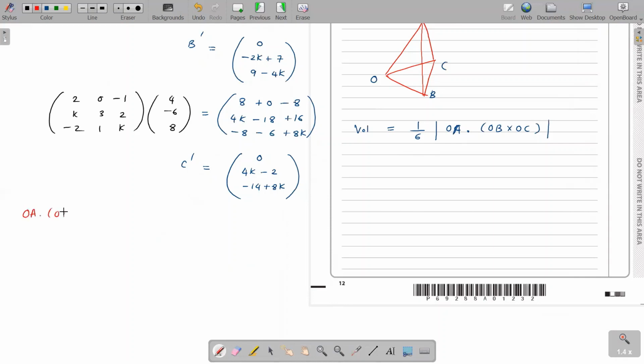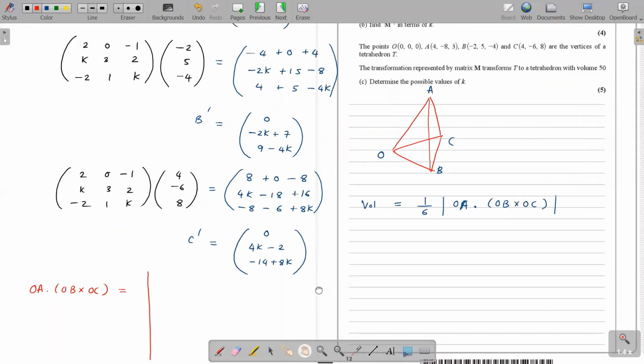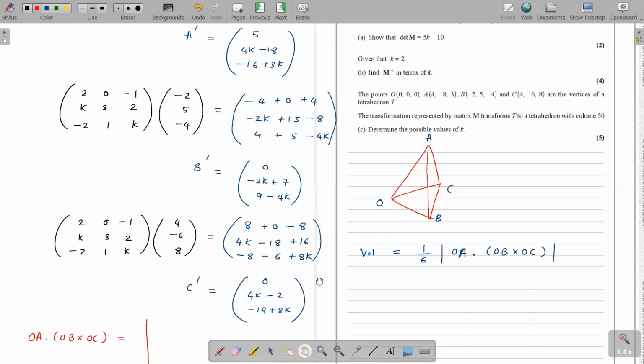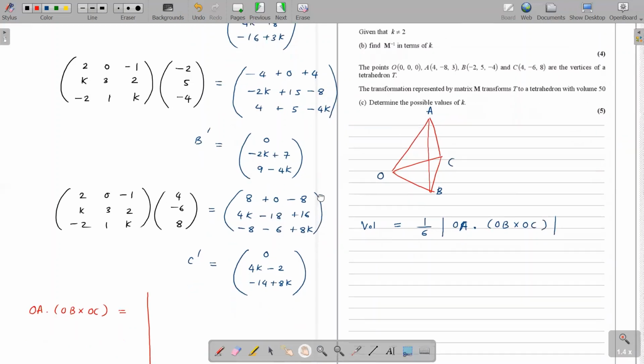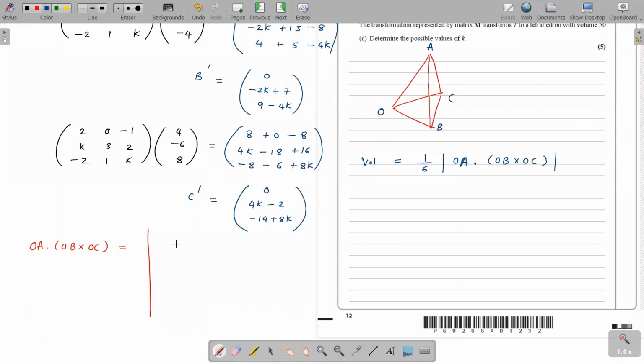OA dot OB cross OC. What do you have to do? The scalar triple product. So you use the determinant of a 3 by 3 matrix. Input the values 5, 4k minus 18.